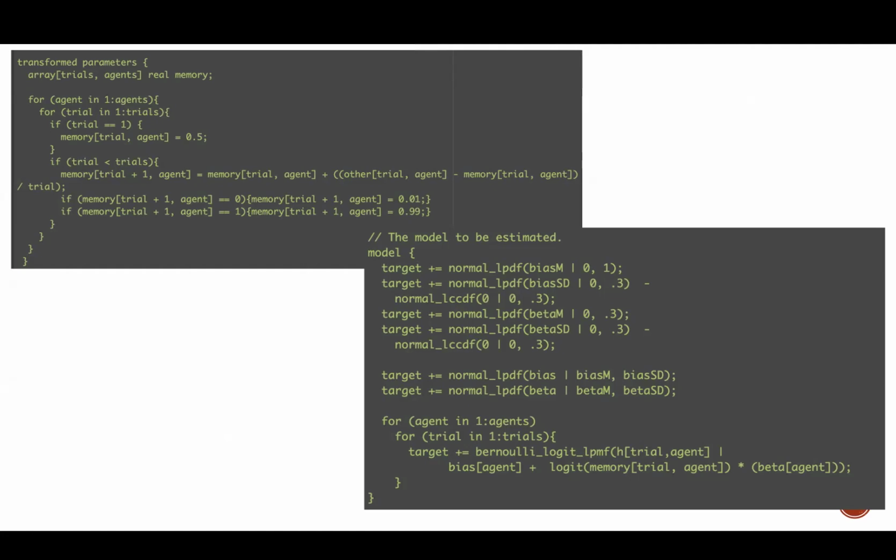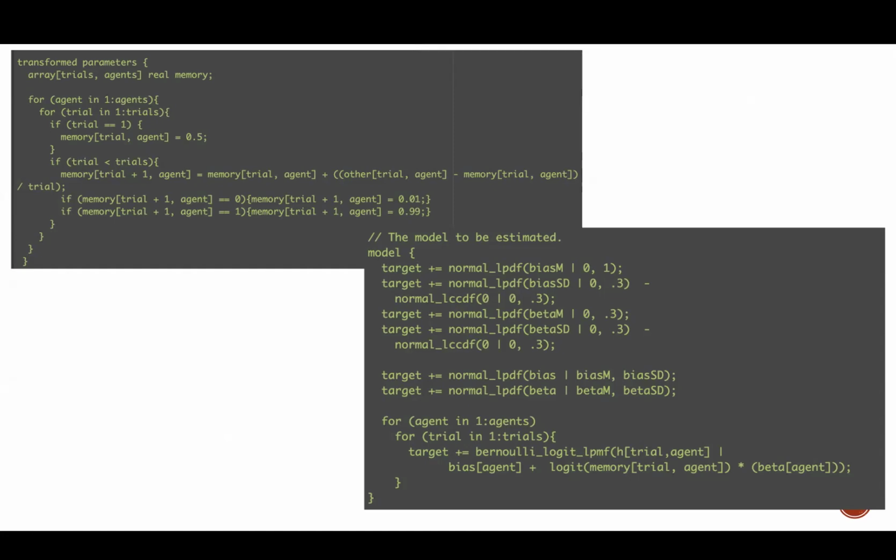Then we loop through all the agents, and now the agents are reacting on a trial by trial basis, so we need to loop through all the trials. The choice for the current agent in the current trial is generated according to a Bernoulli distribution with a rate, or theta, in log odds, which is given by the bias of the agent plus the logit of memory, because we are in log odds space, right?